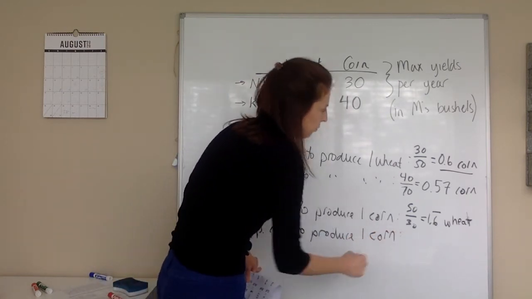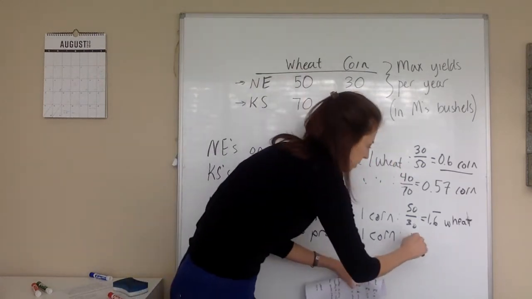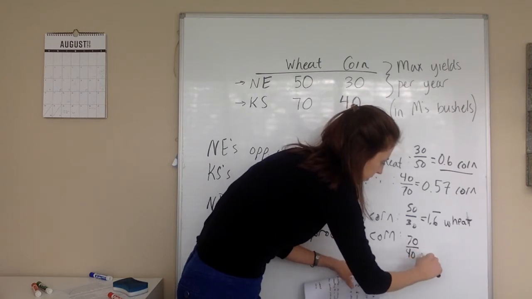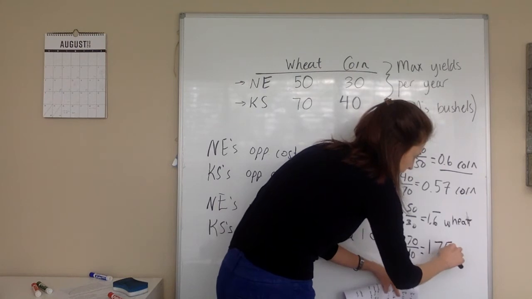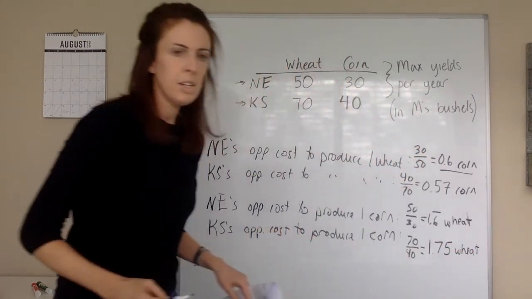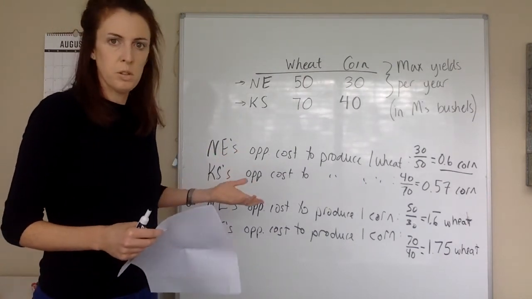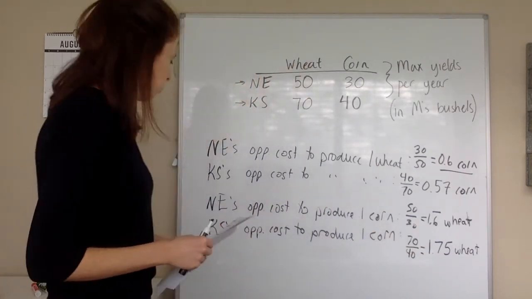And again, we're just going to do a flip-flop in terms of the numerator and the denominator. So this is going to be 70 over 40, which equals 1.75 wheat. Again, intuition here is for every 1 unit of corn Kansas wants and chooses to produce, they are giving up the production of 1.75 units of wheat.